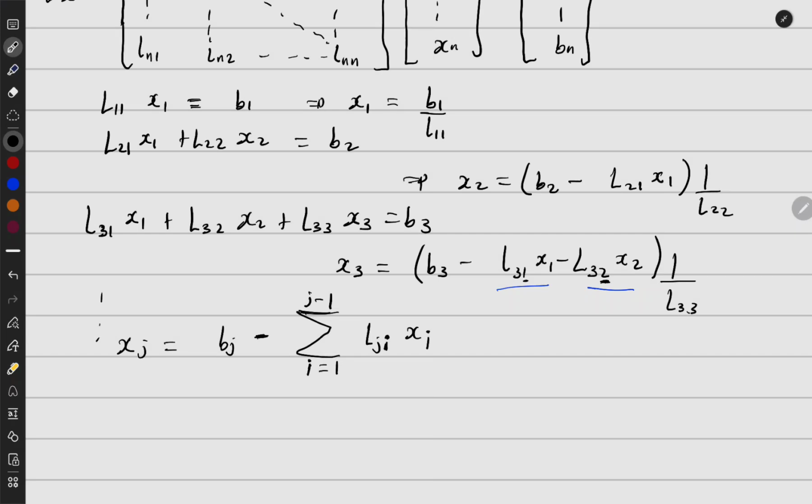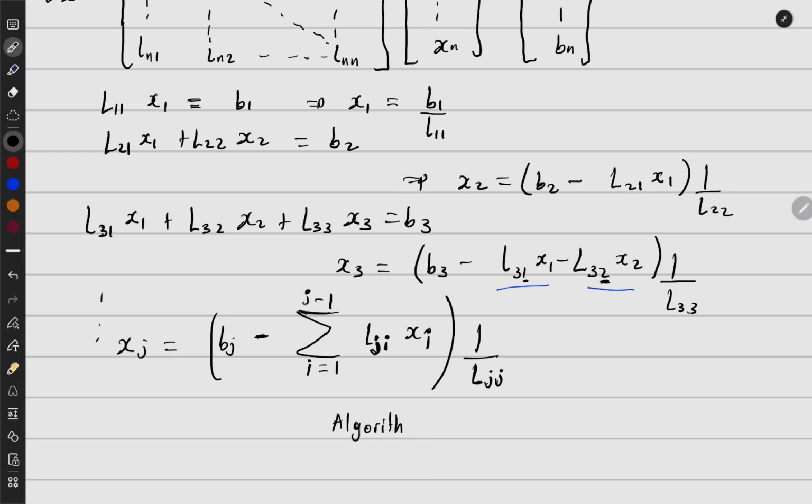This is i, this is j. I really want people to see it clearly. This is j, this is i, xi. However, at the end of it all, I have to divide by Ljj. So that is my Ljj. So this is the algorithm.